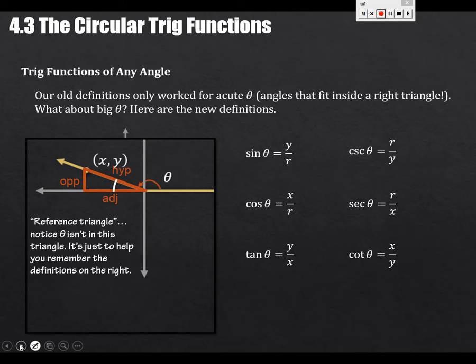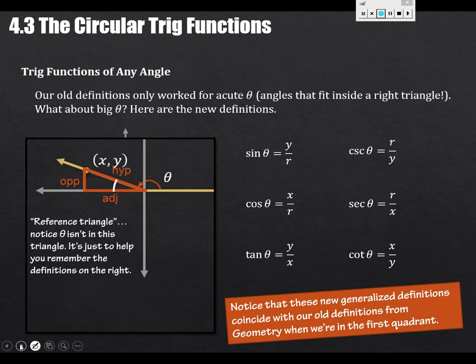In the first quadrant, I want to make sure you notice that we all have positive values. And so is it clear that in the first quadrant, all 6 new definitions agree with the definitions from yesterday, the old definitions? Do you agree that in the first quadrant all 6 trig functions have the same value using the old definition or the new definition when you're dealing with an acute angle?